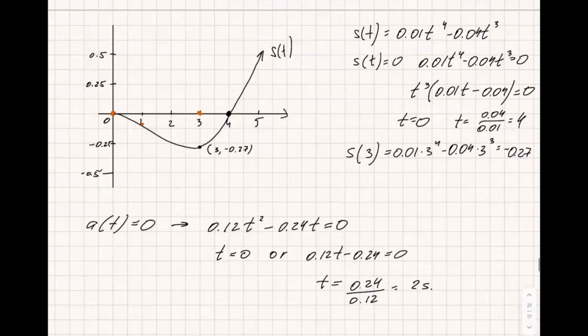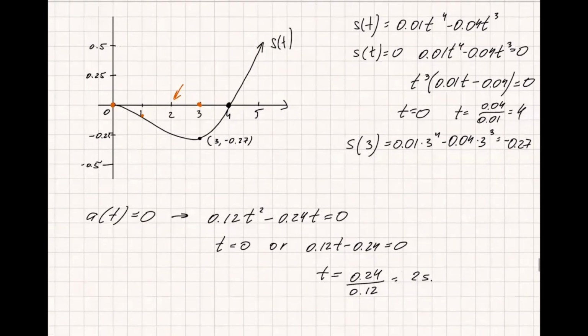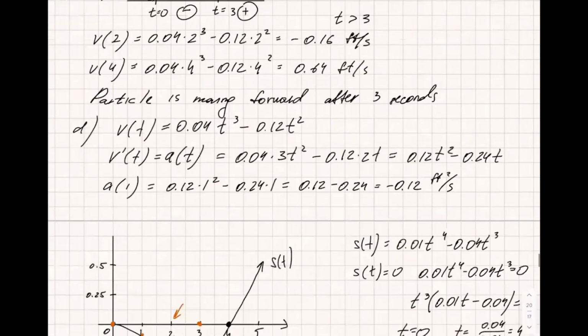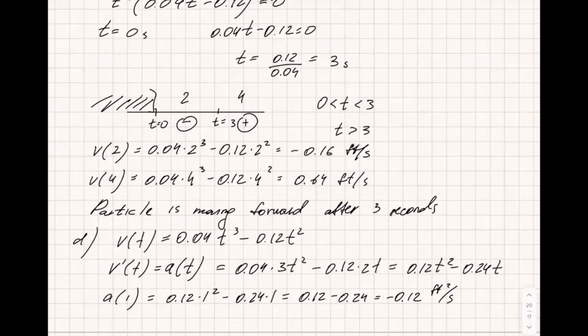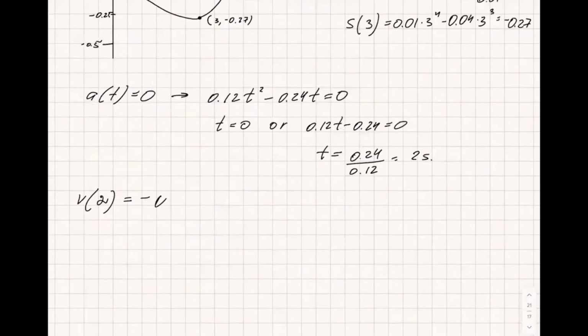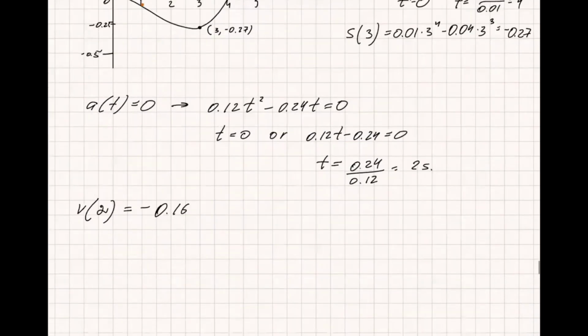So I am expecting at t equals 2 to have a vertex for my velocity. Now I need to calculate the velocity at 2 seconds, and we actually did that before, right? That was this point, negative 0.16. So let me write that, negative 0.16.